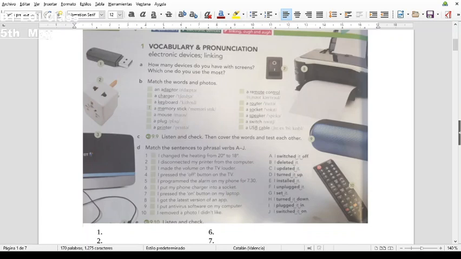Then we have all the electronic devices in which we live.